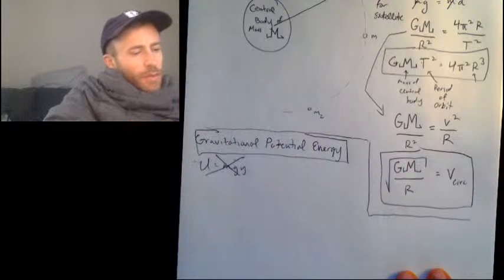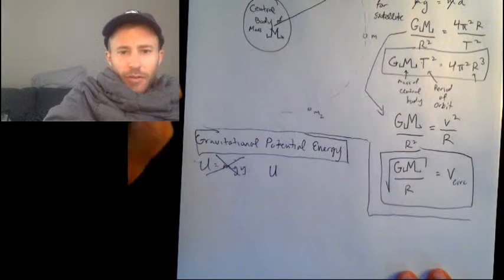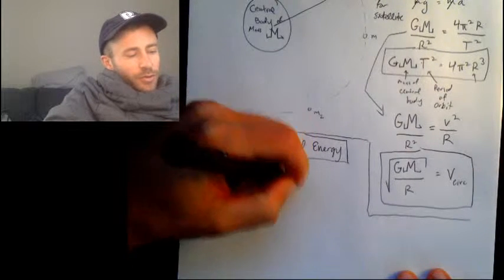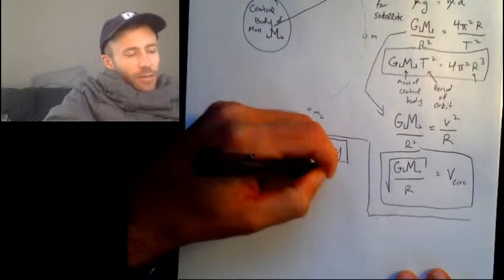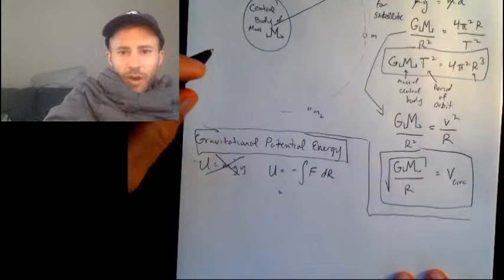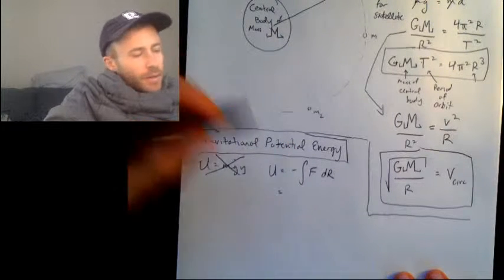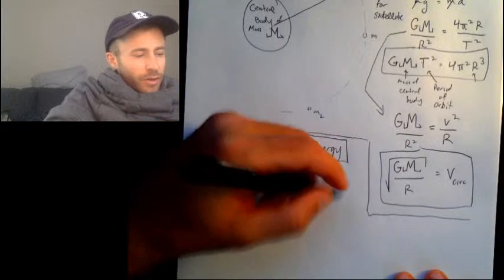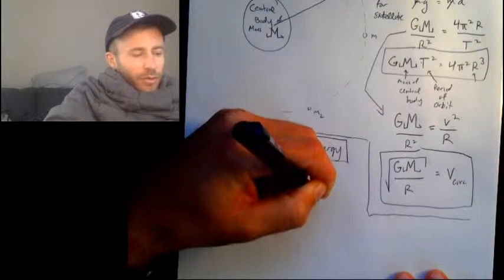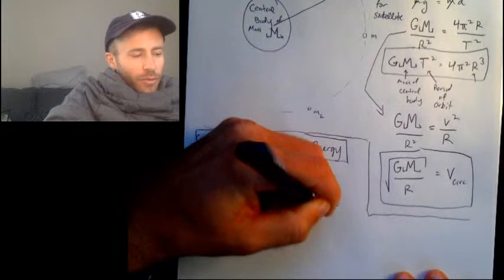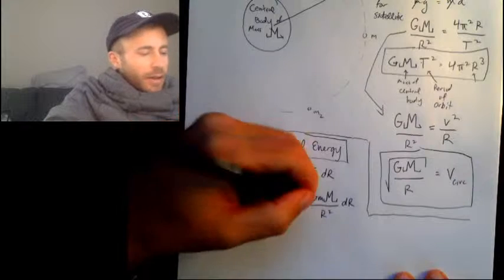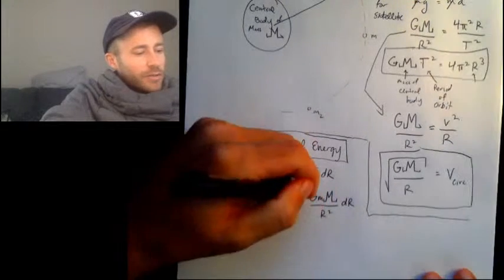So if we want to calculate the gravitational potential energy, we have to use the formula, which is negative the integral of F dr. So if we go ahead and use the gravitational force, which is big G times little m times big M over r squared, and actually it has a minus sign because it's an attractive force, so we got double negatives here.